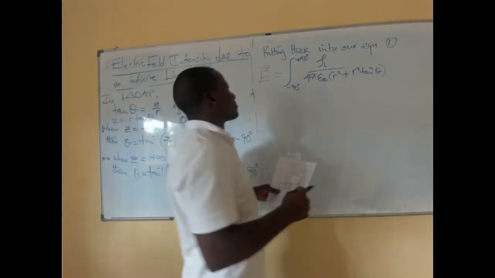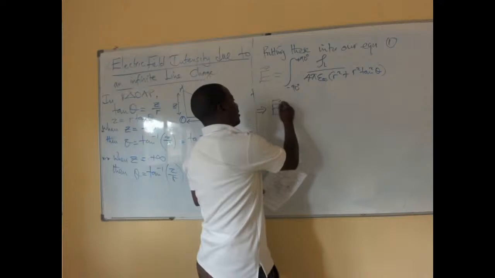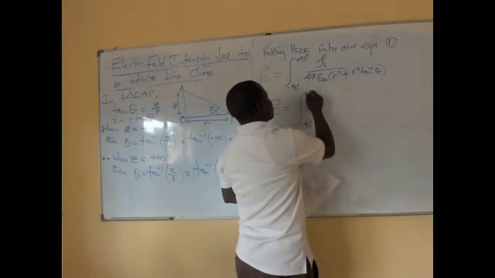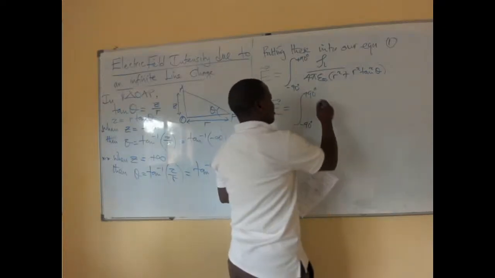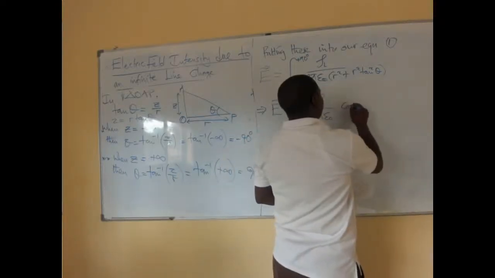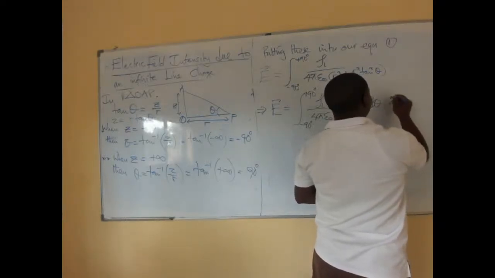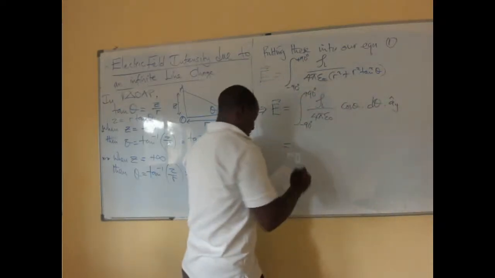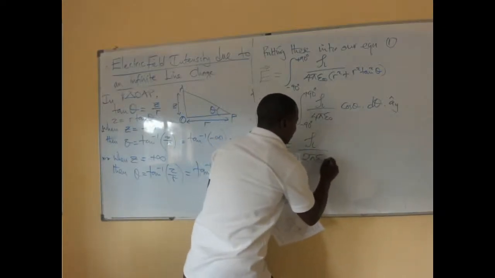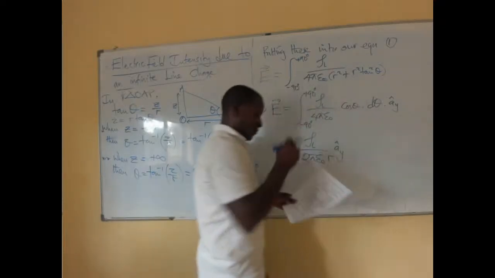Alright, so straight away what we get is that this implies that this E must be equal to the integral from minus 90 degrees to 90 degrees, all this multiplied by the line charge density over 4 pi epsilon 0, which is our constant. This is cos theta d theta of A1, like that, which gives us rho L over 2 pi epsilon 0 multiplied by R. All this must be multiplied by A1.